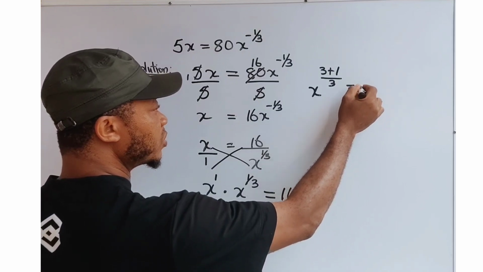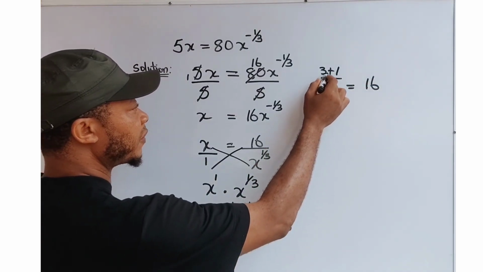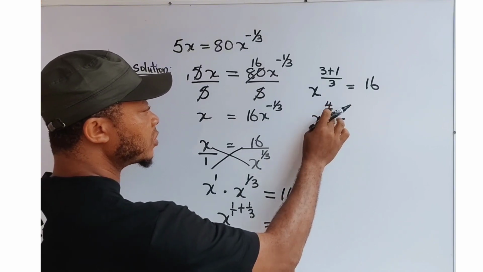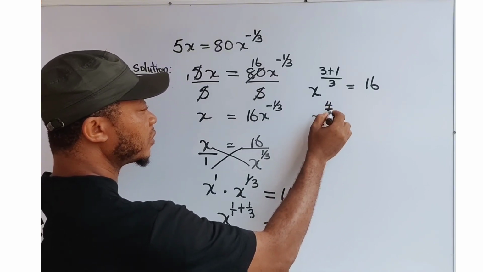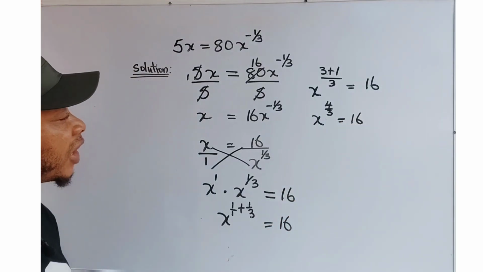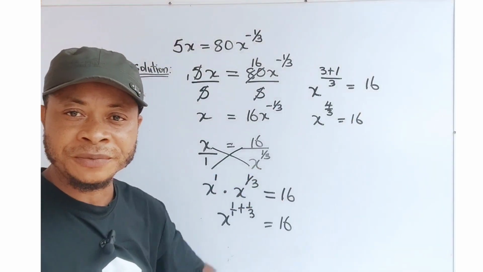Everything will be equal to 16. Now we have x raised to power (3 + 1) over 3, that is 4 over 3, equal to 16. Now we have x^(4/3) = 16.